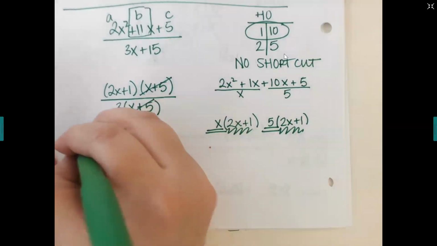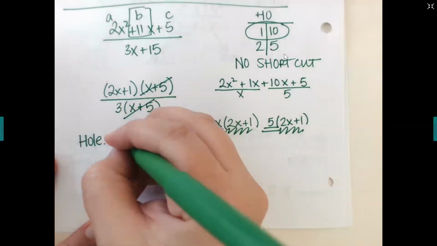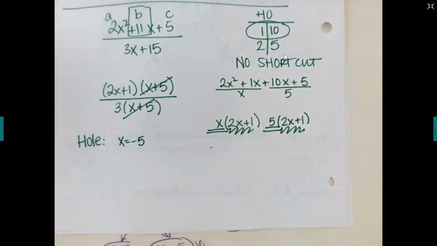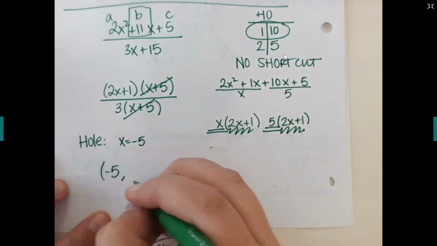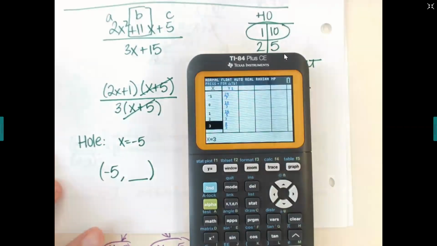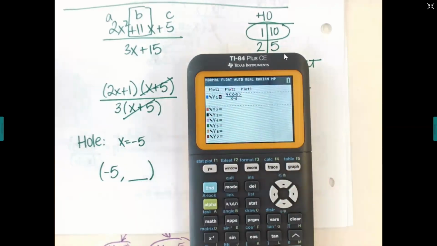So I know there's going to be a hole at x equals -5, but you can't type it in like that. You're going to have to type it in as an ordered pair. So in your calculator, what are you going to plug in to find the y value that goes with the -5? 2x plus 1 over 2.